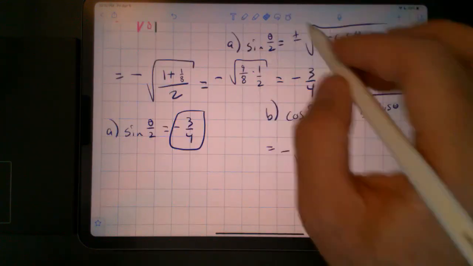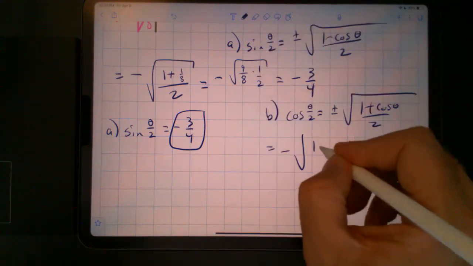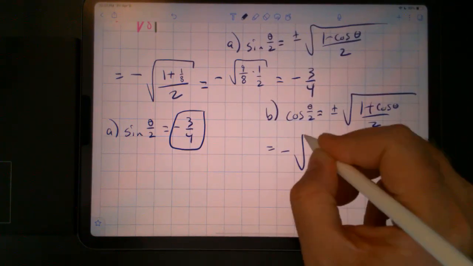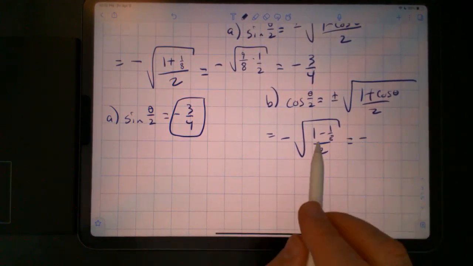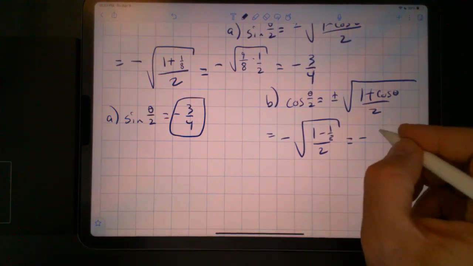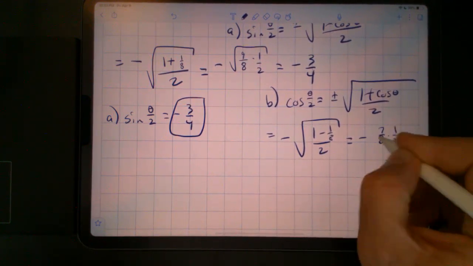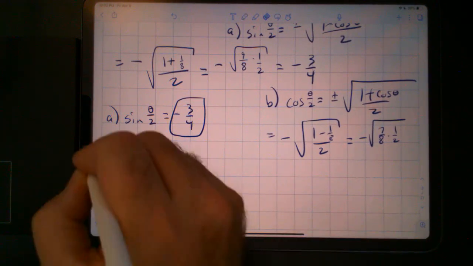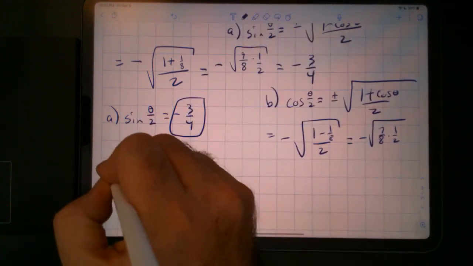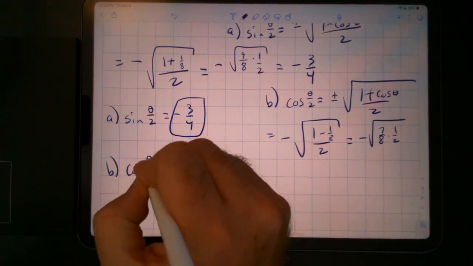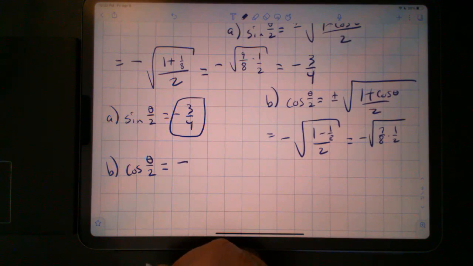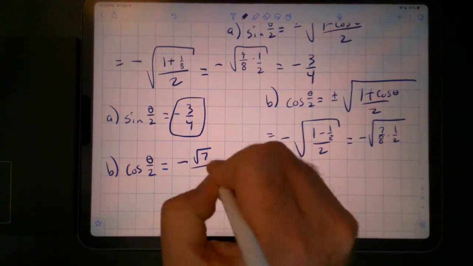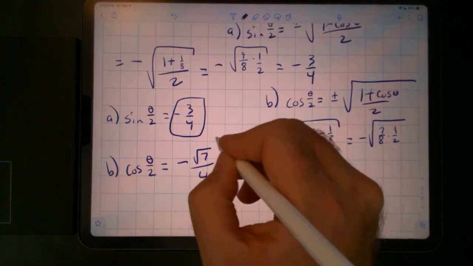So this would be actually a 1 minus 1/8 divided by 2, which is negative. So this is 8 minus 1/8. It's 7 over 8 times a half. Cosine is negative in that quadrant. And this would be negative radical 7 over 4.